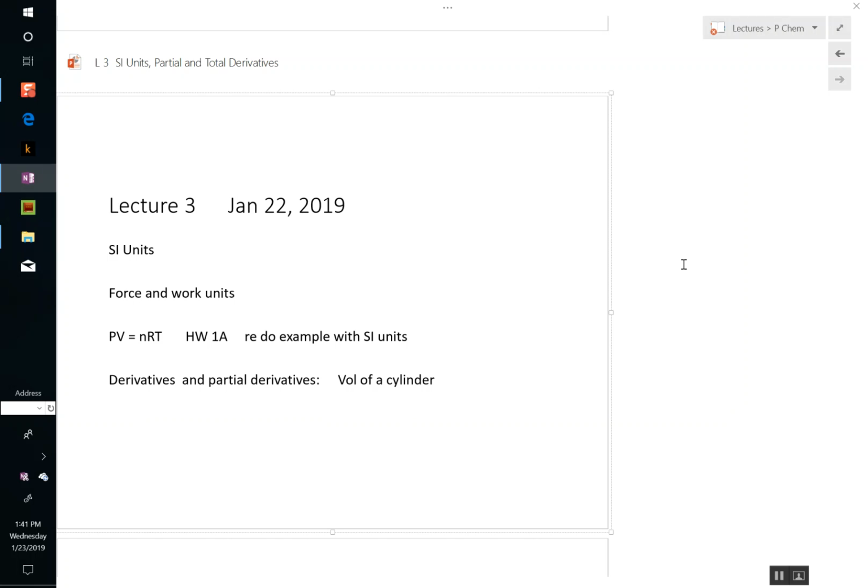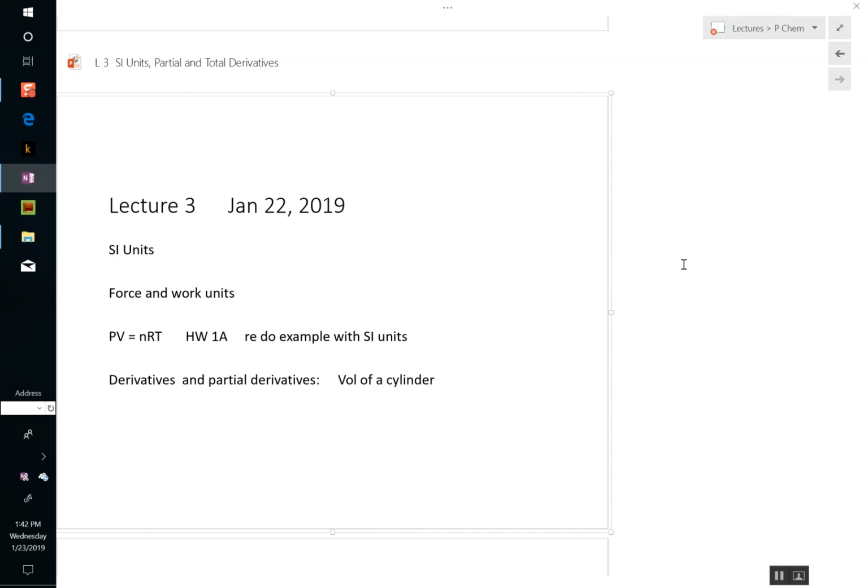Work and heat are path-dependent functions, whereas these state functions are path-independent functions. You can't just talk about the initial heat, final heat, and get a difference. They are path-dependent.